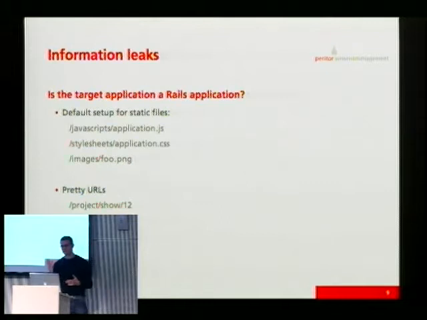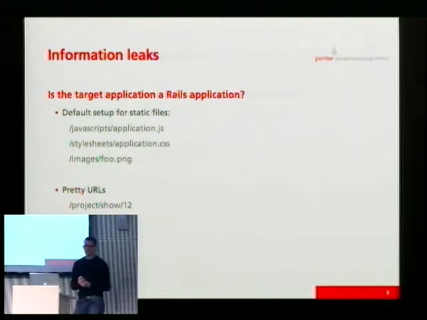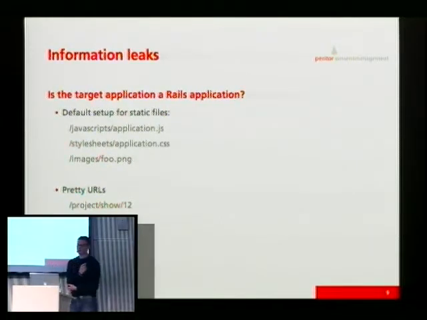So this is a hint that it is a Rails application, or the pretty URLs as they are called. You have very meaningful URLs in a typical Rails application, like project/show/12 or message/create or folder/delete/43 and so on. So just by looking at the URLs of the application, you can guess if it's a Rails application or not.